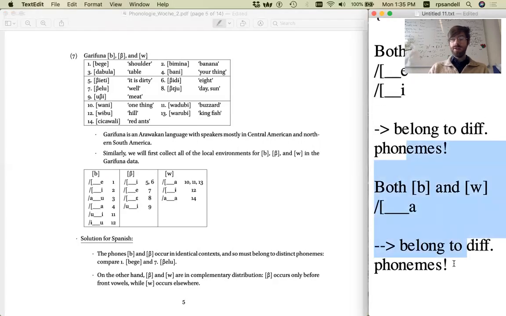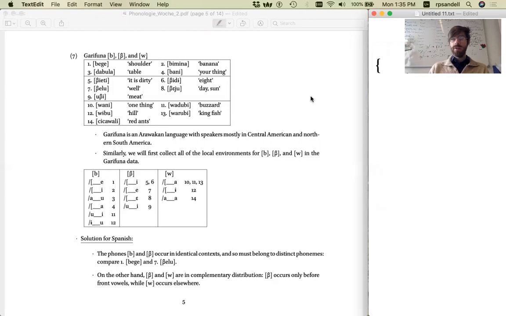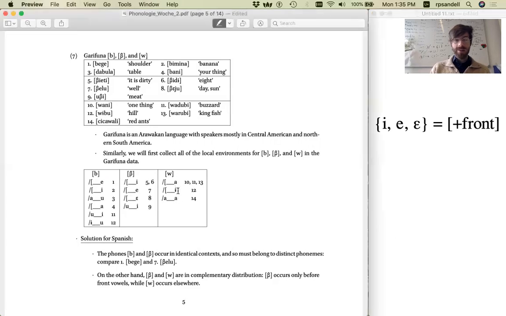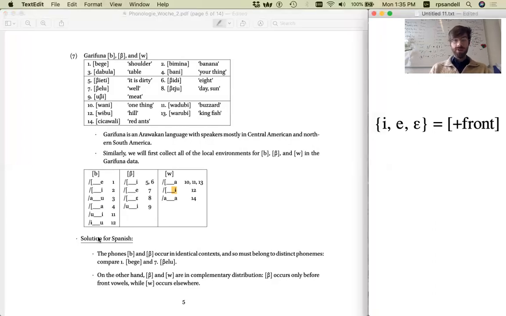So the tongue body in the articulation of those sounds is going to stand closer to the front of the mouth. And wa, on the other hand, we only find it preceding a and the high central vowel I. So there is a complementary distribution here.